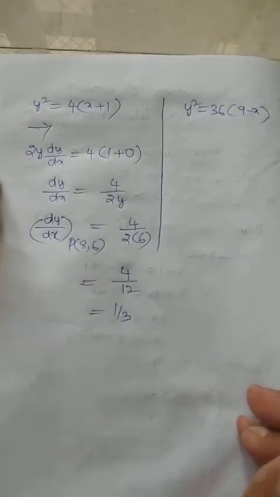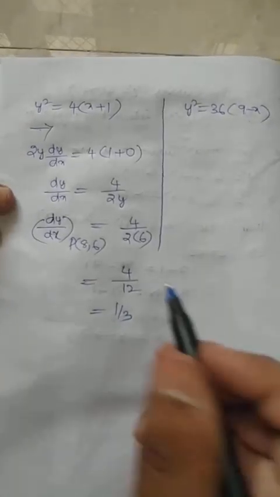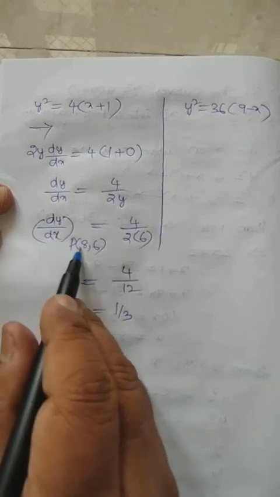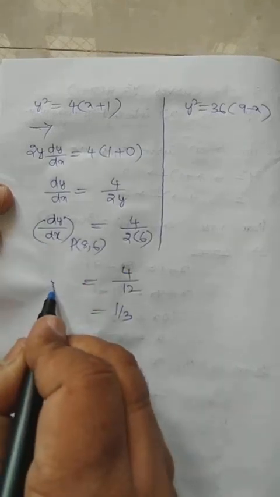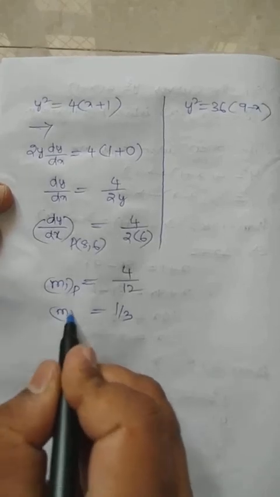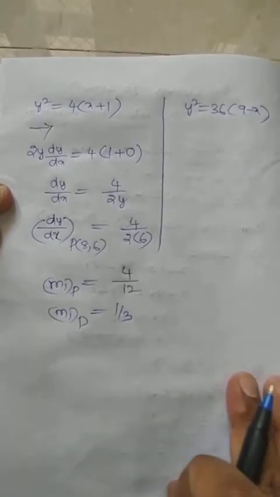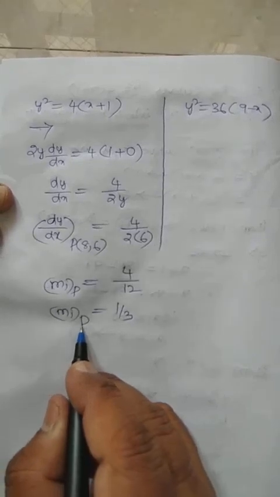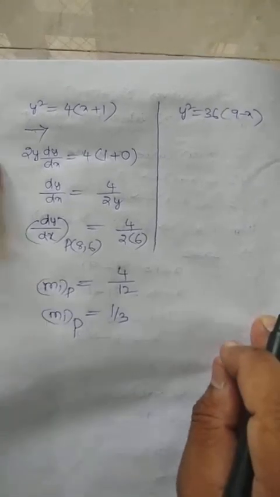Now I am replacing this dy by dx at P with m1 at P, the slope of the tangent line to the curve at this point. So m1 at P is 1 by 3.